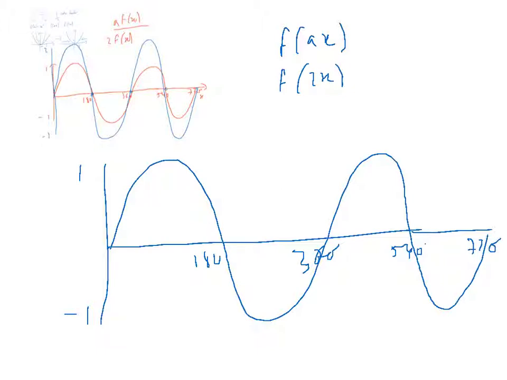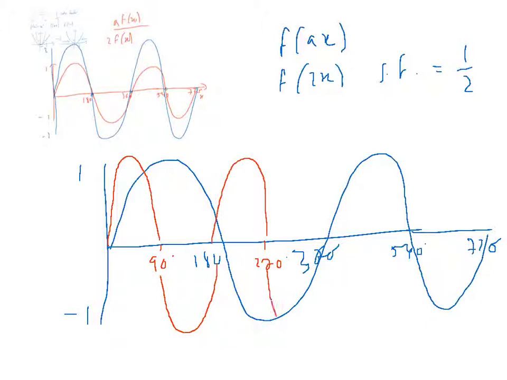So remember, the scale factor equals 1 over a, so that's 1 over 2. So that means all x coordinates are halved. So this will actually go like this. It will be compressed inwards, and I'll get double the amount of oscillations.